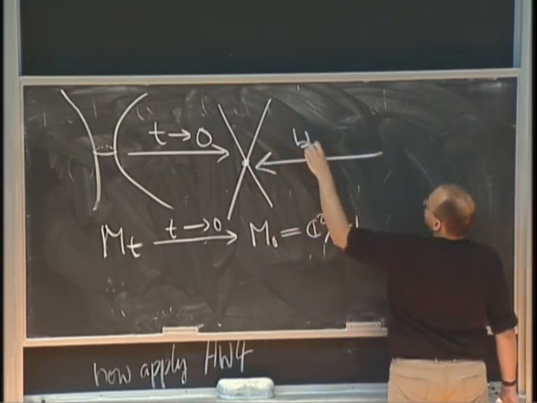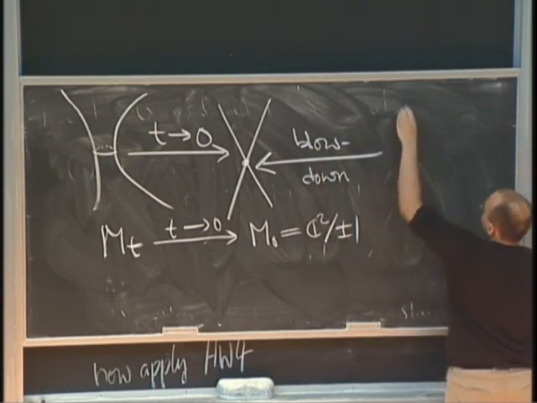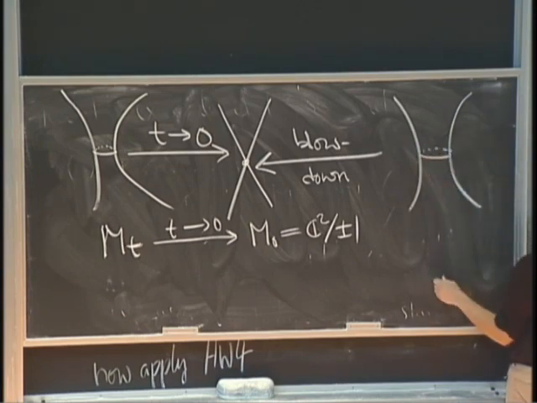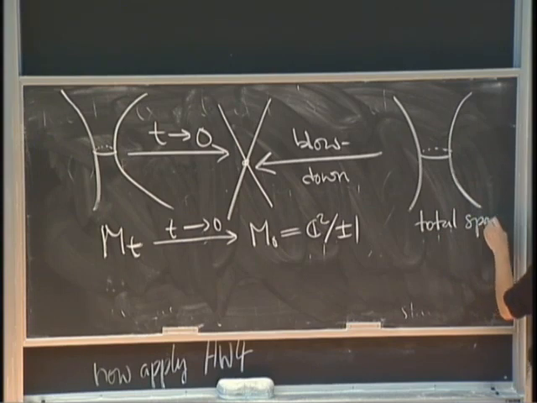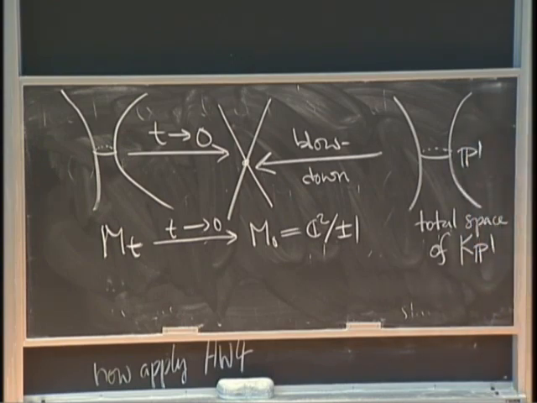This is the blowdown map. And on here, this is the total space of K P1, the canonical bundle. So there's a P1 in here as a zero section.